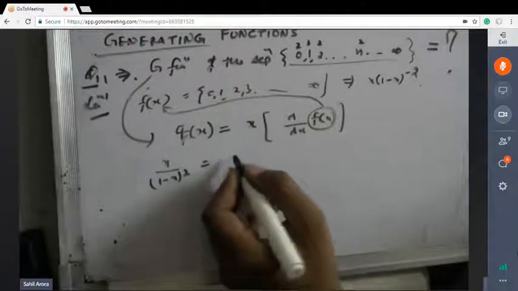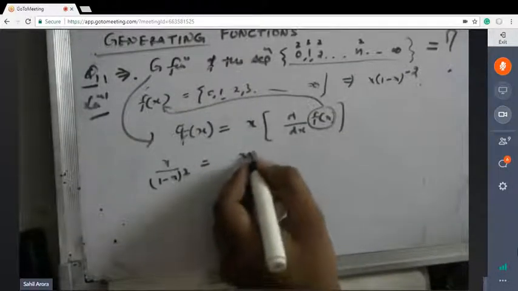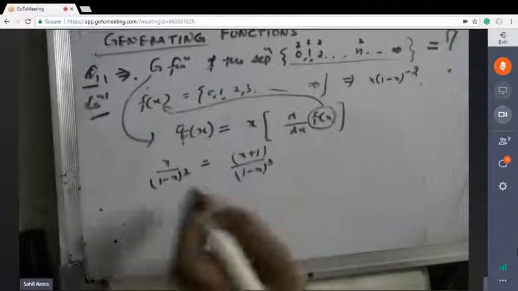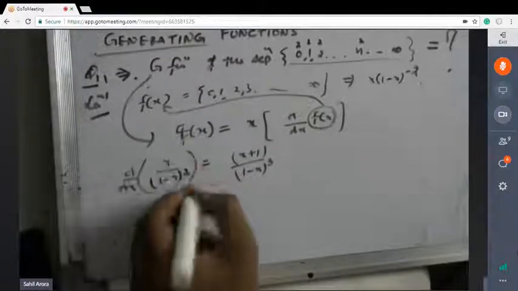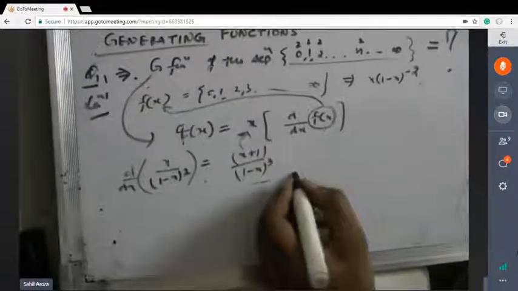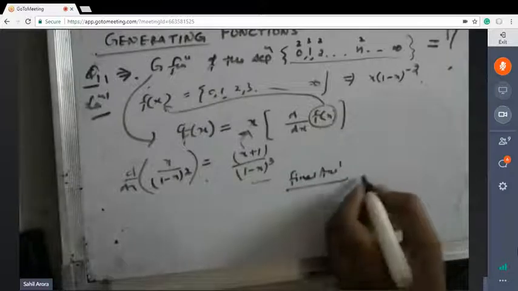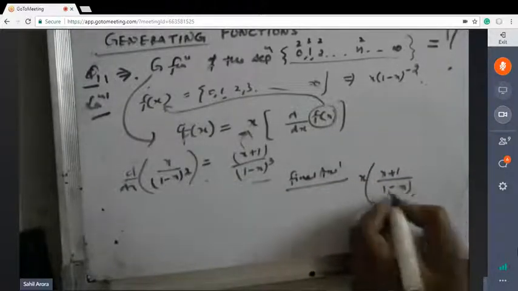After differentiating, I think it will become x plus 1 divided by 1 minus x whole cube. Okay. Now we just need to multiply this with x. So the final answer would become x multiplied by x plus 1 divided by 1 minus x whole cube.